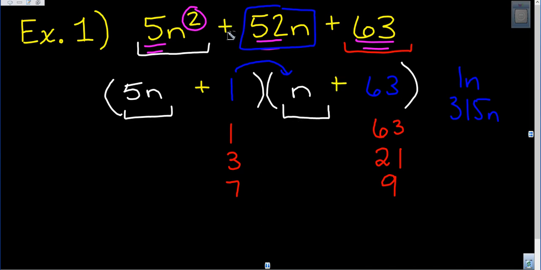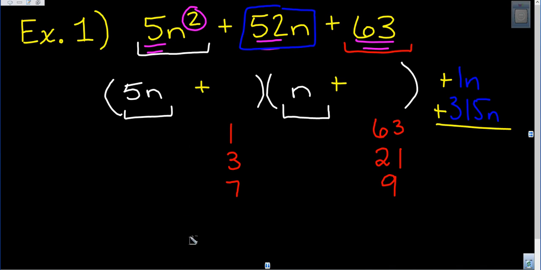Since we're trying to find a positive 52, I know both of my signs will be positive here. And I'm trying to add then, because they have the same sign, I'm trying to add 1n with 315n. And I'm not going to get 52n when I do that. Okay? So I know it's not a 1, and I know it's not a 63.